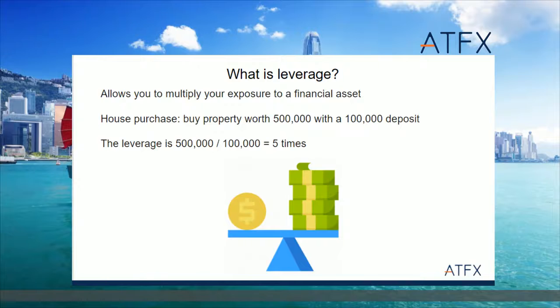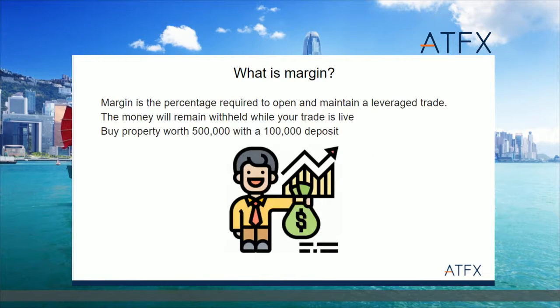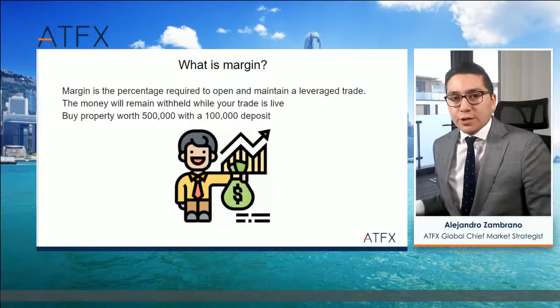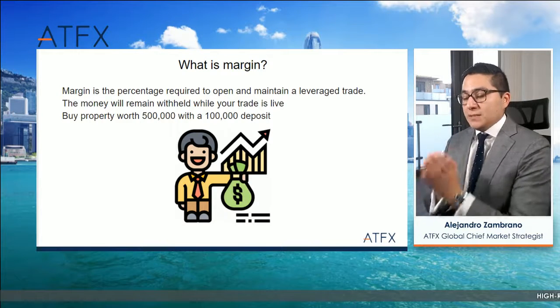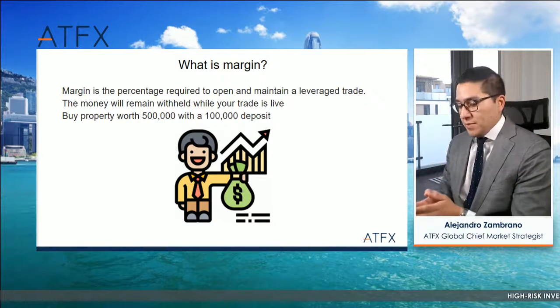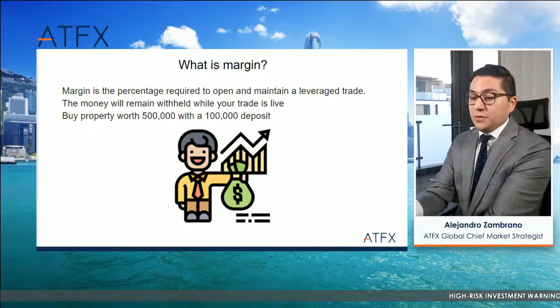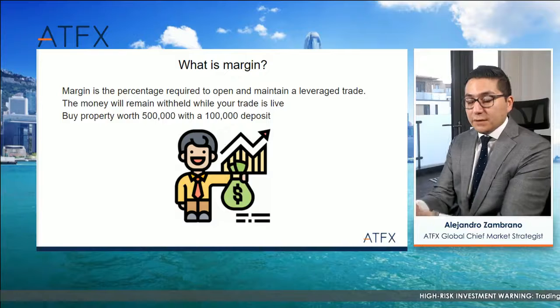So what is margin then? Margin is the deposit. So in the property example, we wanted to buy for $500,000 with a $100,000 deposit. That is our margin when we trade. Now, it's a bit different though, because when you buy the property, your deposit actually goes to the seller, right?